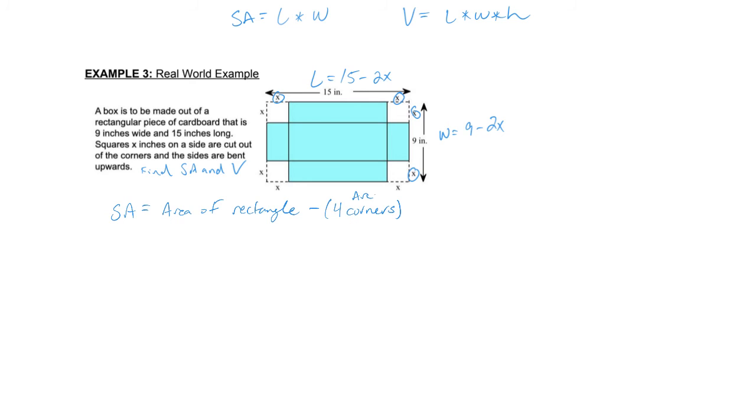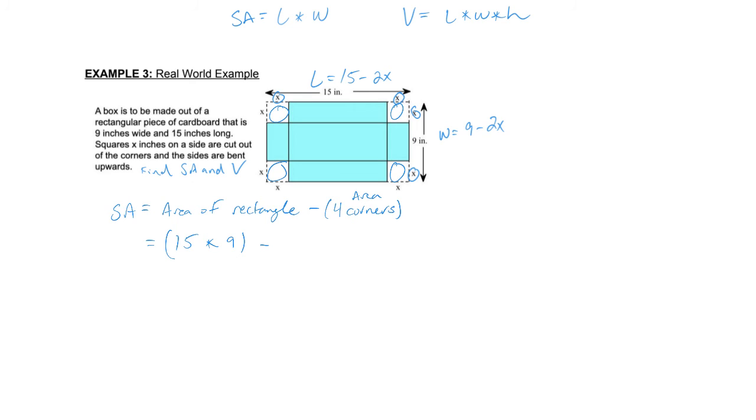The area of the four corners. So the area of a rectangle would technically be 15 times 9, right? That would give us that area of that rectangle, or that surface area. But we're not including these four areas right here.